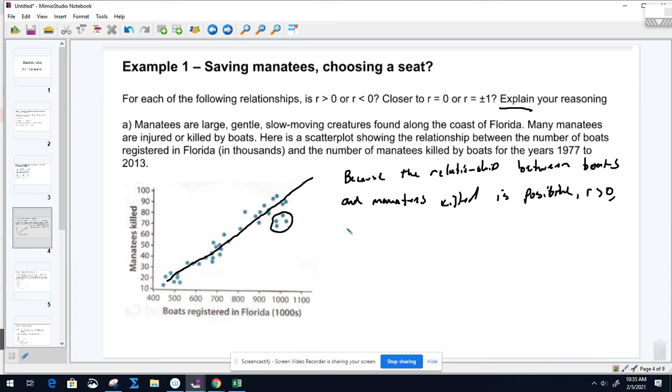Also, R is closer to 1 than 0 because, again, look at the dots, okay?